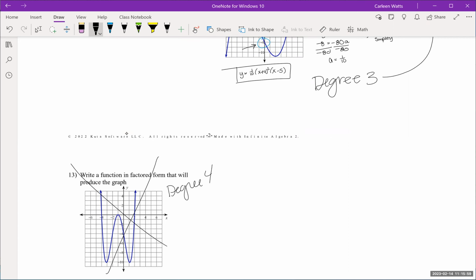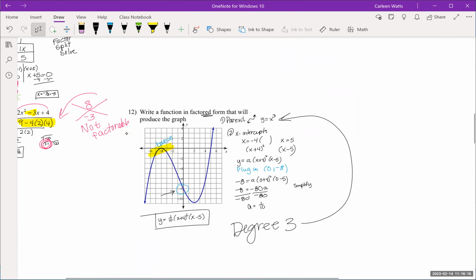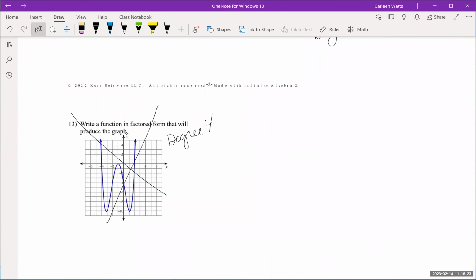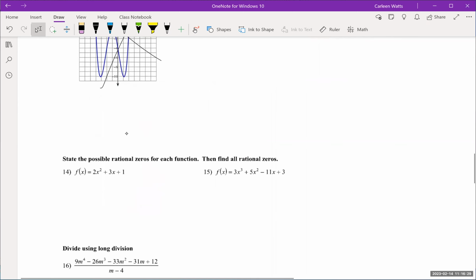It's important to see the little mini parabola because you know that's where the bounce is. Degree 4 is not that much more complicated, but if you want to see it, stick around and we'll do it at the end. Number 12 will be different numbers. Number 13 won't be a degree 4, it'll be a degree 3.